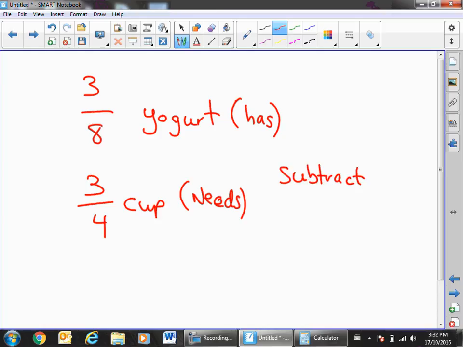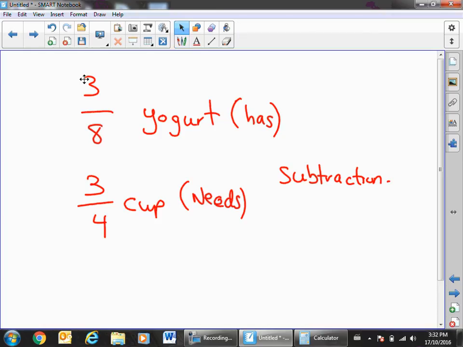A little hint on these is that sometimes we get confused because we're looking at fractions. But if you just ignore the fractions and plug in a couple of random whole numbers, it makes a lot more sense.